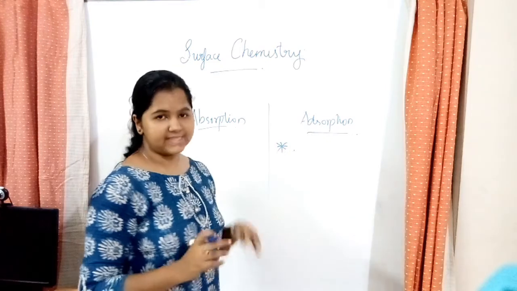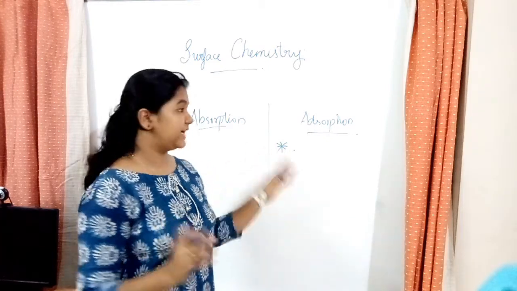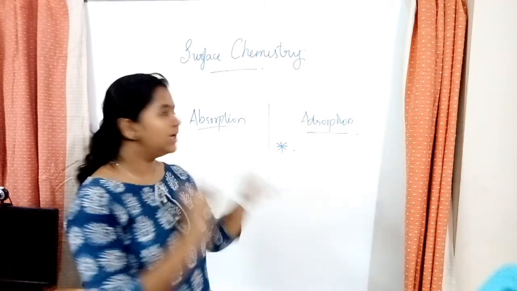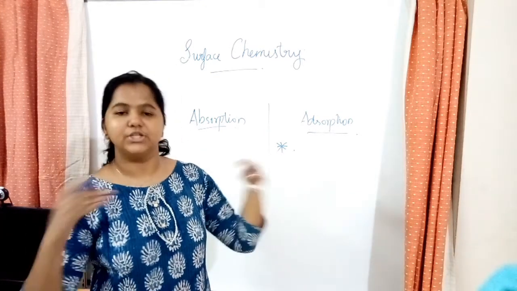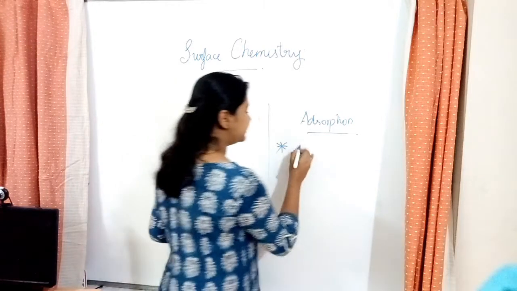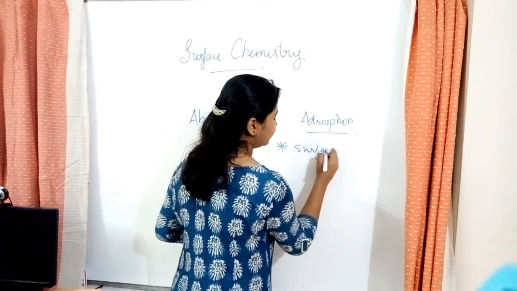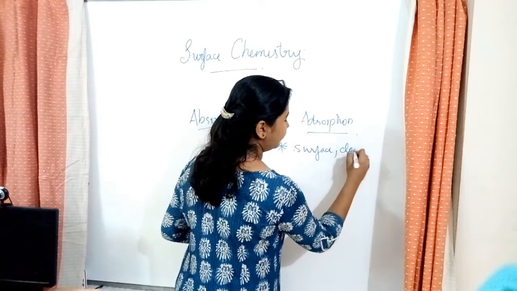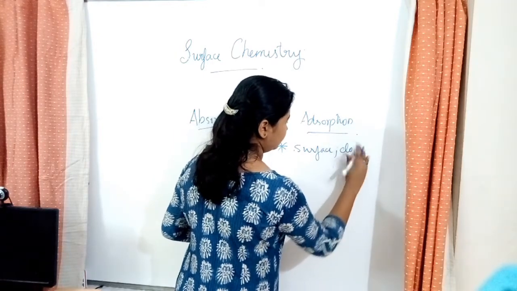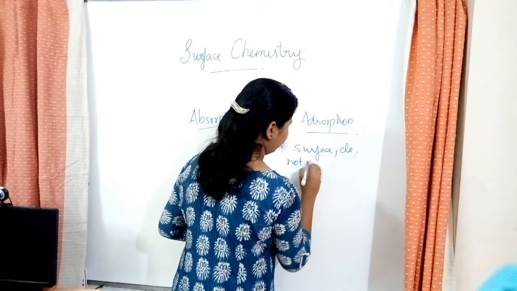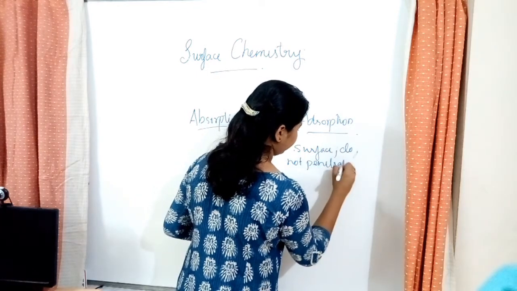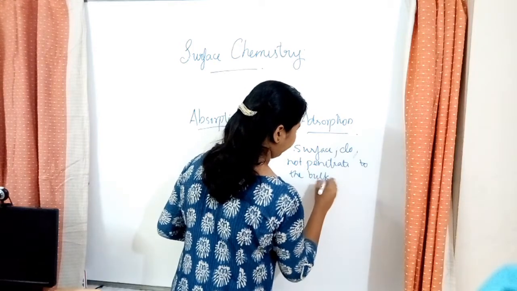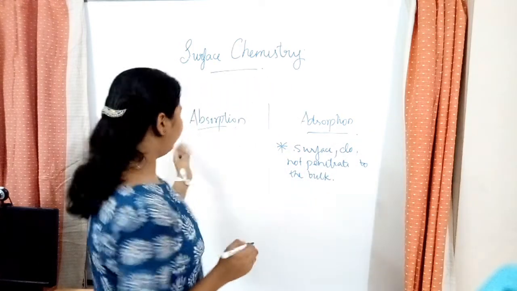The first point is that adsorption is something that takes place on the surface. So the molecular concentration is on the surface and it does not penetrate into the bulk. And over here, what is it?